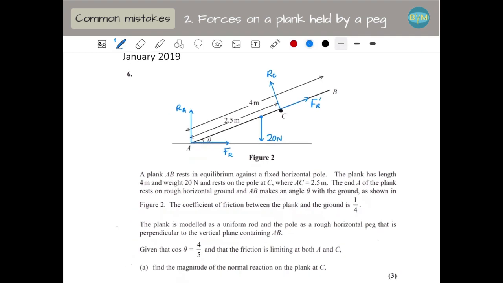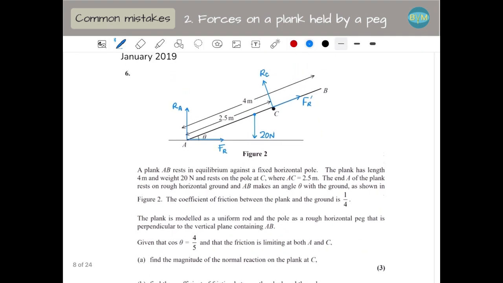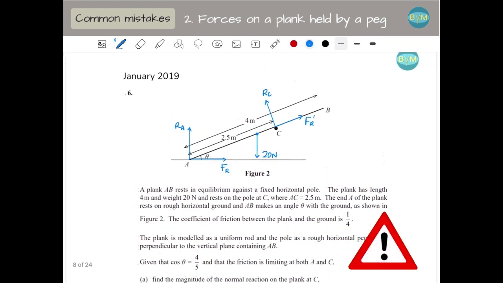This is the first thing that I always have to do with these questions. The mistake that you usually make in this type of question, where you have a plank or a bar or a rod that is held by a peg, is to draw one more force here.